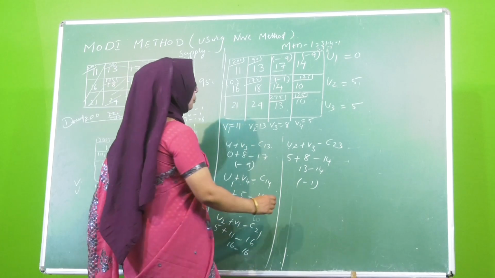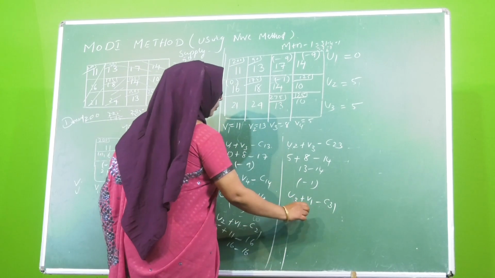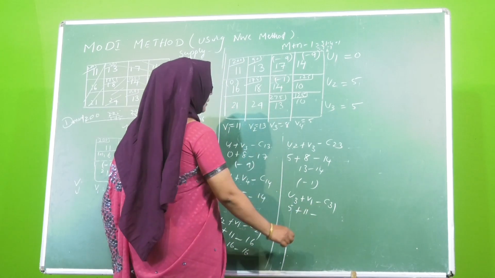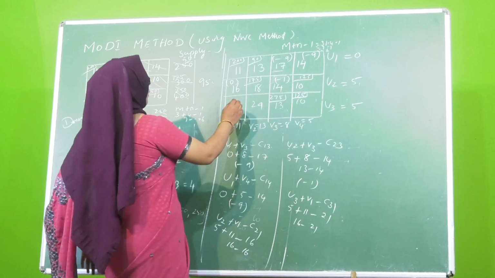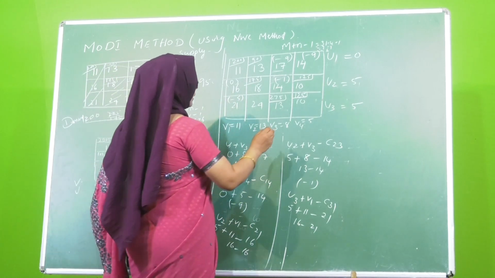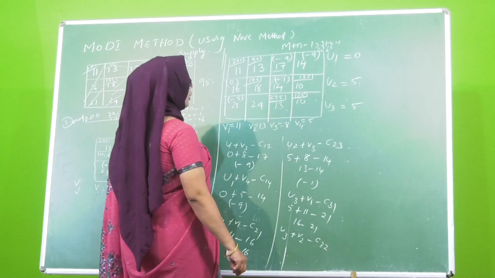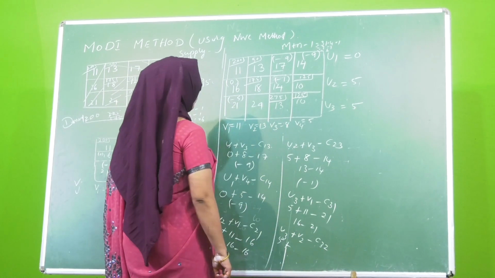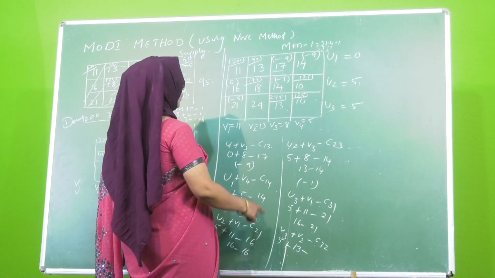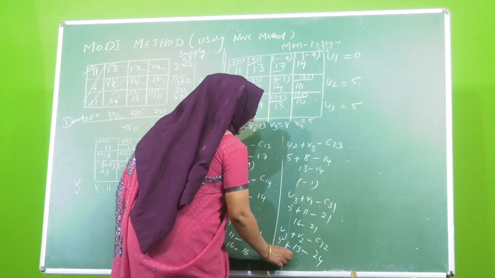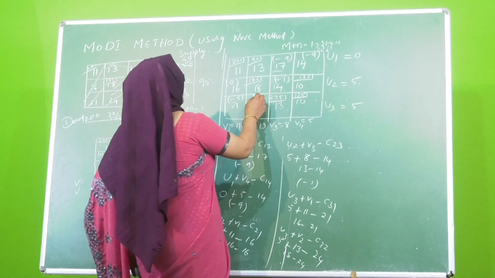Next, U3 plus V1 minus C31: U3 is 5, V1 is 11, minus C31 which is 21, so 16 minus 21 is minus 5. Next, U3 plus V2 minus C32: U3 is 5 plus V2 13, that is 18, minus 24, which is minus 6.